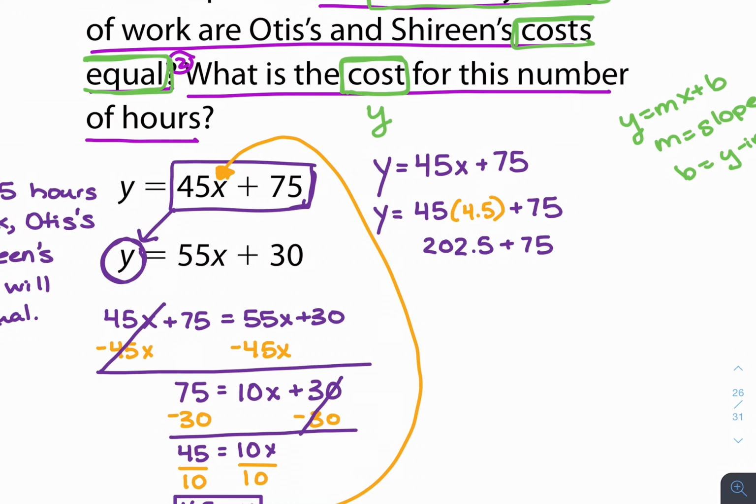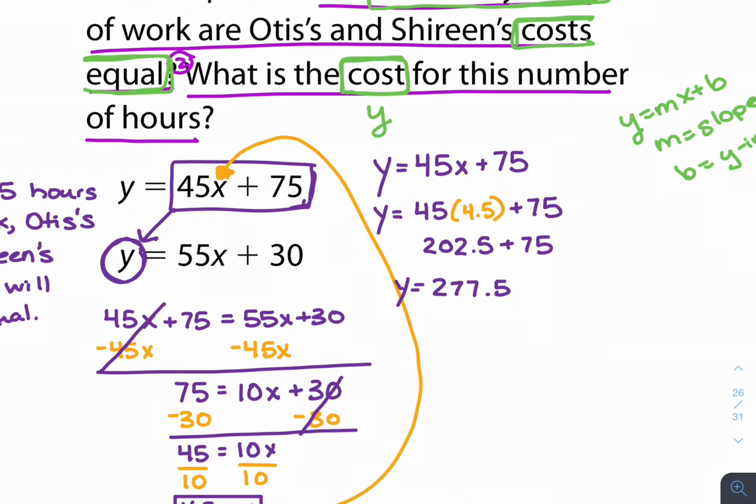Plus 75, which is equal to, bam, 277.5. All right, so there we are. We have what y is equal to.